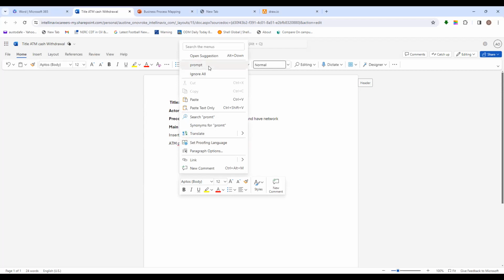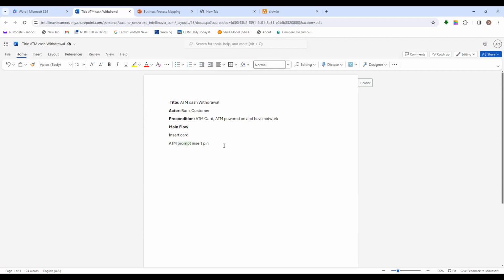Is that not so? Then the customer will now insert the PIN. After the customer inserts the PIN, what's the next stage?